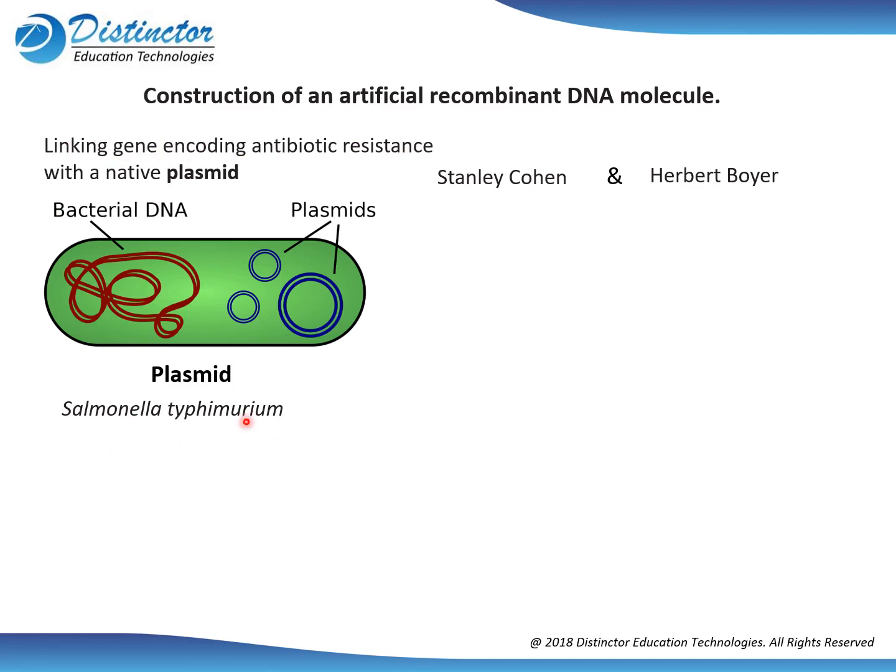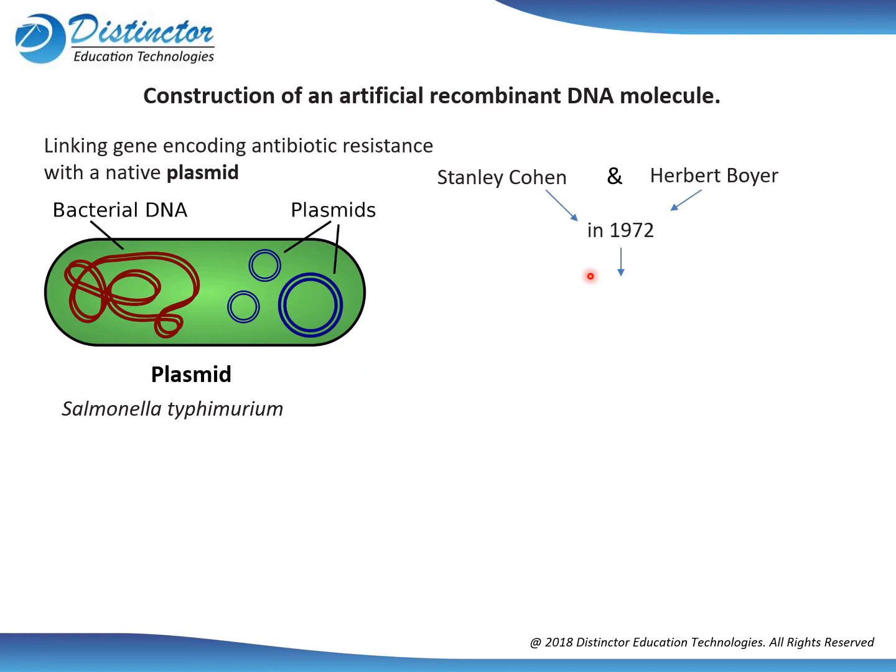So they took one bacterium, Salmonella typhimurium, and found that this bacterium has a plasmid. They tried to attach an antibiotic resistant gene to this plasmid, then remove the plasmid and introduce it into another cell.